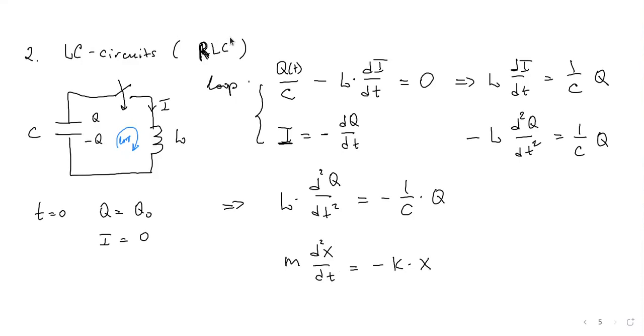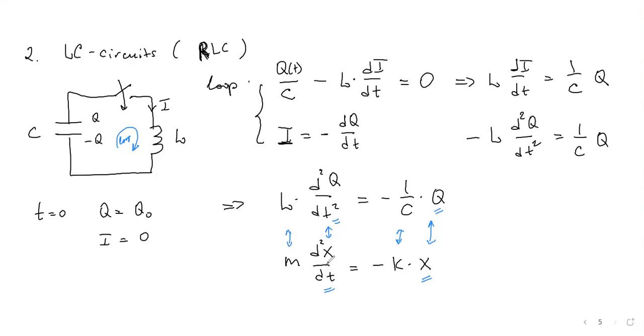Let's try to see if there is an analogy between these two equations. So you have a variable x, q. This is the rate of change, so this is acceleration, yeah? Second derivatives over time. This coefficient will play the role of inertia.